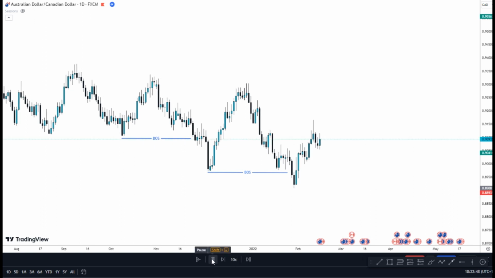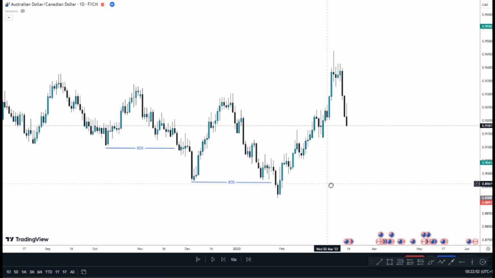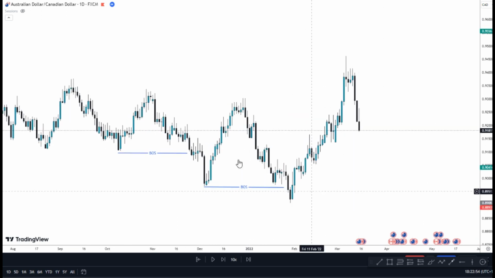Playing the price further, you can see at this point price has transitioned from a downtrend to an uptrend, because remember, price was creating a lower high and a lower low, but now price did a higher high. This is telling you that price has changed trend from a downtrend to an uptrend.